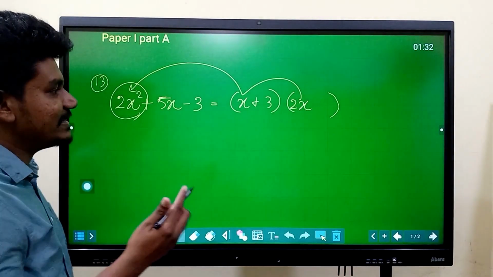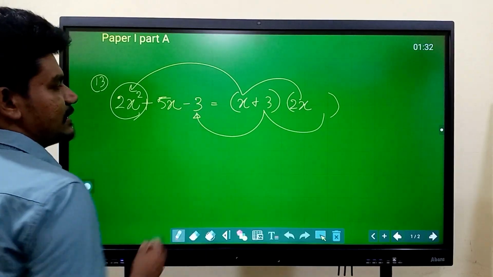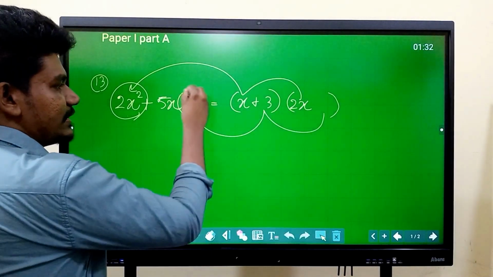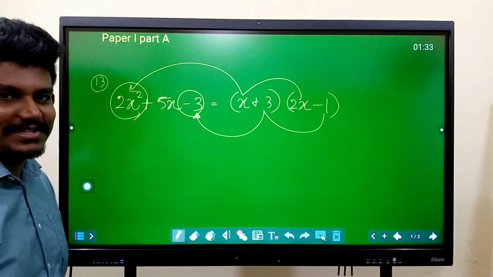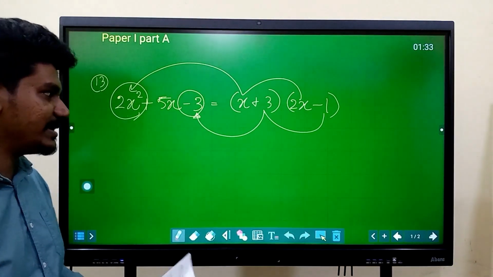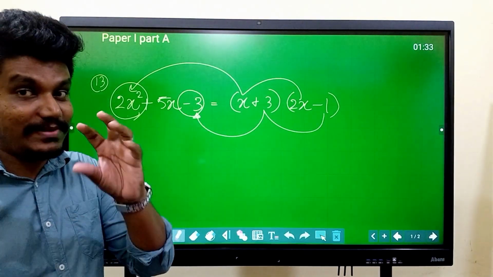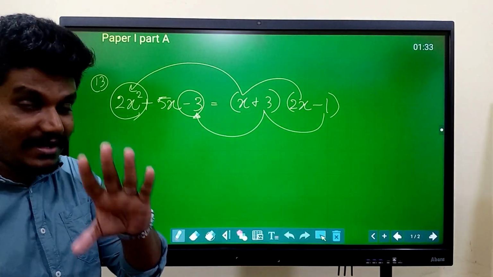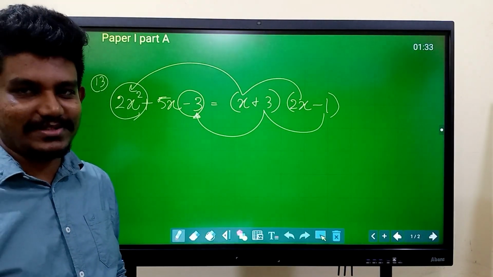And then the product of these two terms will be the last term, minus 3. Plus 3 into minus 1 will be minus 3. So that should be 2x minus 1 is the bracket. Or else you can apply the normal method of factorizing, but it takes time. So we have to save time in this paper. Therefore, this should be the most suitable method. Give 2 marks on this.